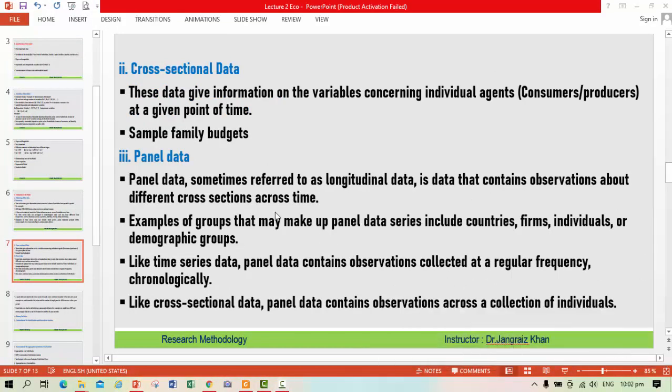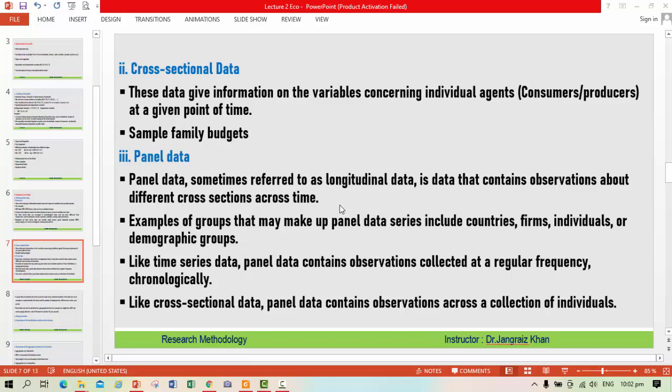The third type of data is panel data. Panel data is data which has characteristics of both cross-sectional and time series data. Panel data, sometimes referred to as longitudinal data, contains observations about different cross-sections across time. Examples of groups that may make up panel data series include countries, firms, individuals, and demographic groups.